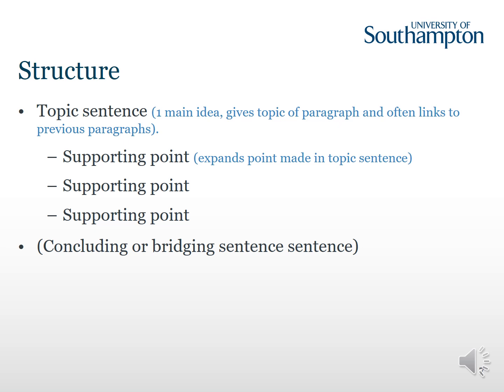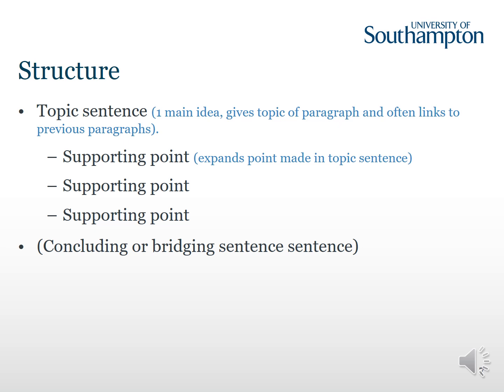That topic sentence is what sets the unity of the paragraph, and if the supporting points start to talk about or present information outside of what the topic sentence said, that's where you can start to get problems with paragraph unity.